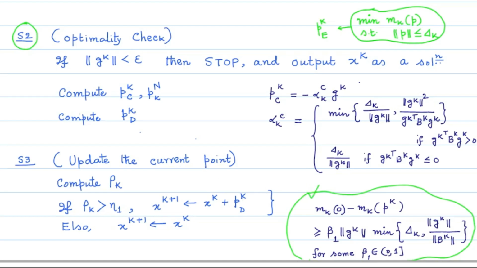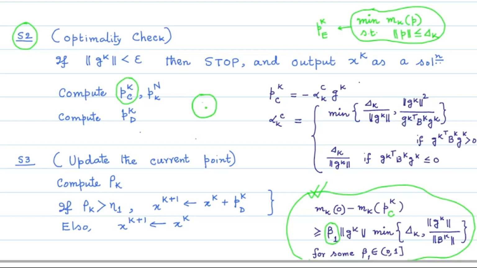To identify an approximate solution to this trust region subproblem, so that in that approximate solution we have this property, we have gone through the concept of Cauchy step. For the Cauchy step, we have got to know in the last lecture that the Cauchy step satisfies this sufficient reduction condition with beta 1 equal to half. We also have an interesting fact about the dogleg path, which is the following.